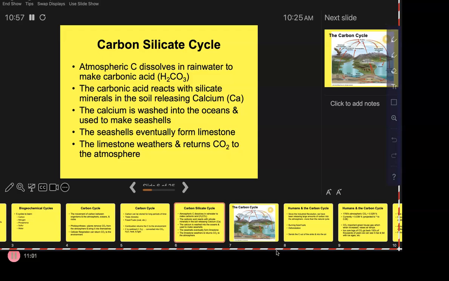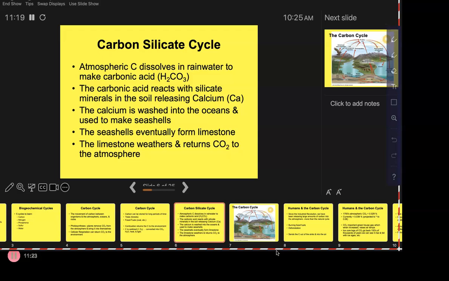There's a whole other process going on there. And those seashells eventually form limestone, which isn't in here. I didn't actually go so far. There's not another page for this conversation.